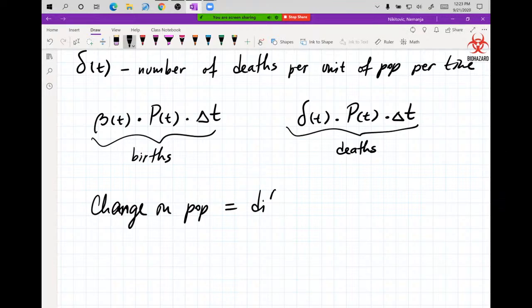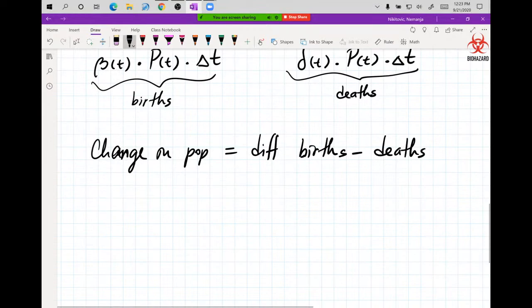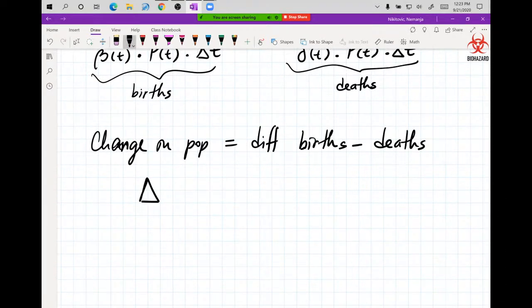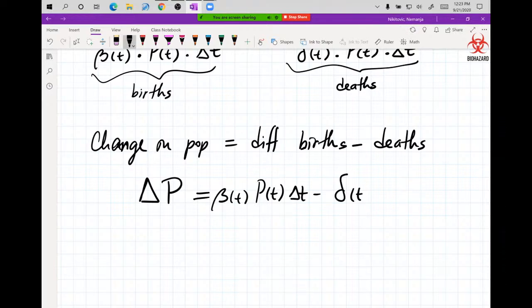So we have change in population equals the difference, births minus deaths. The equations we have go up there: beta of t, p of t, delta t, minus delta of t, p of t, delta t.